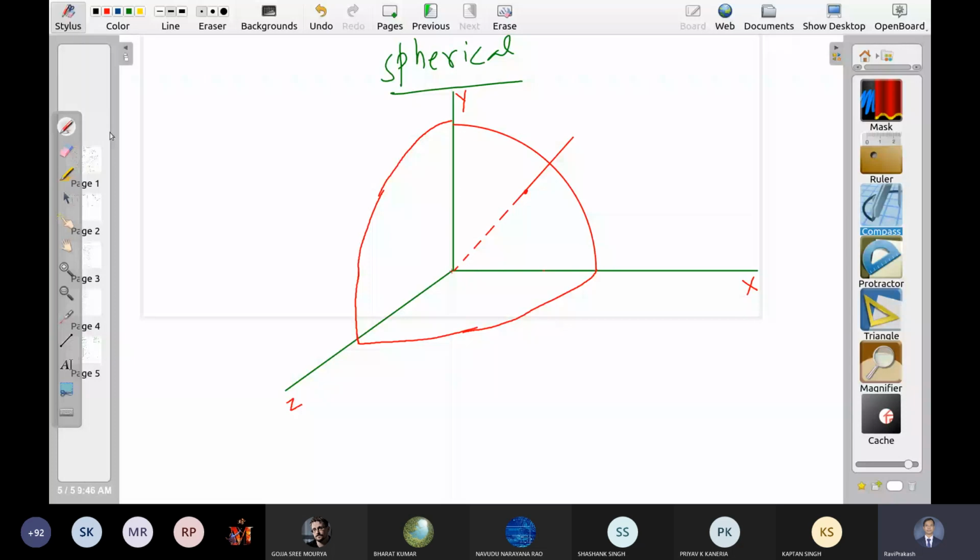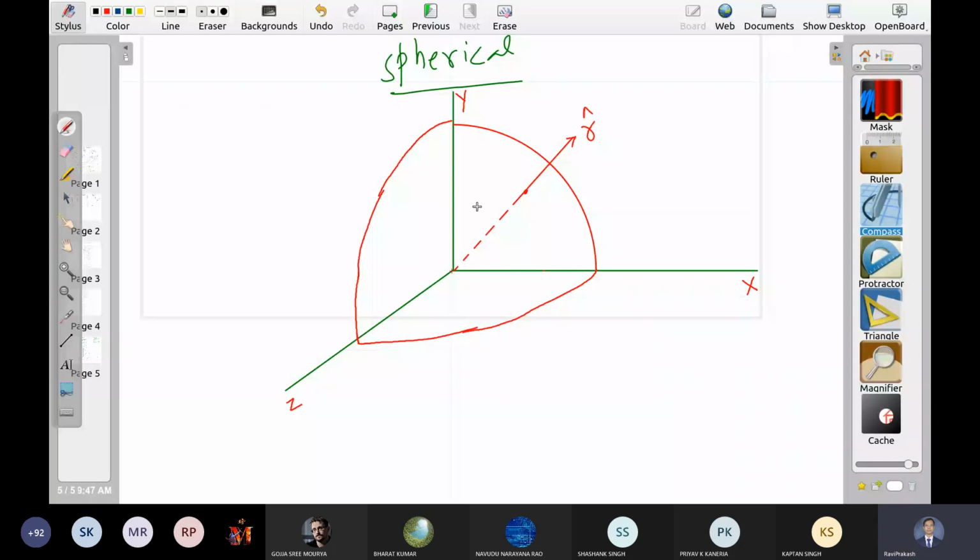What is the vector r? This is the radial direction, right? And the unit vector in this direction is r cap.